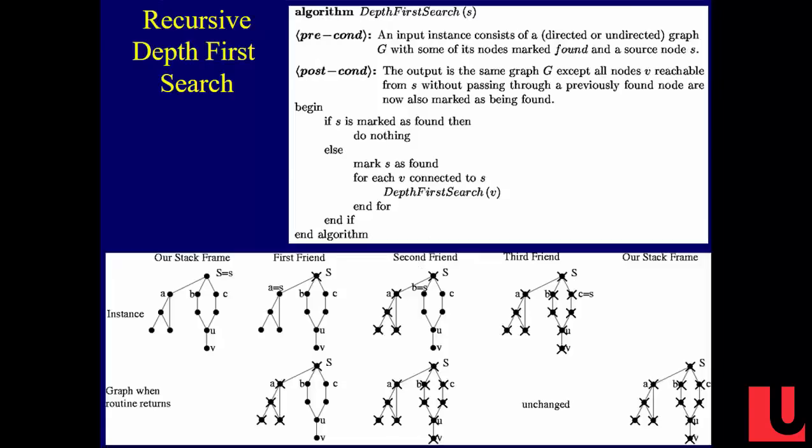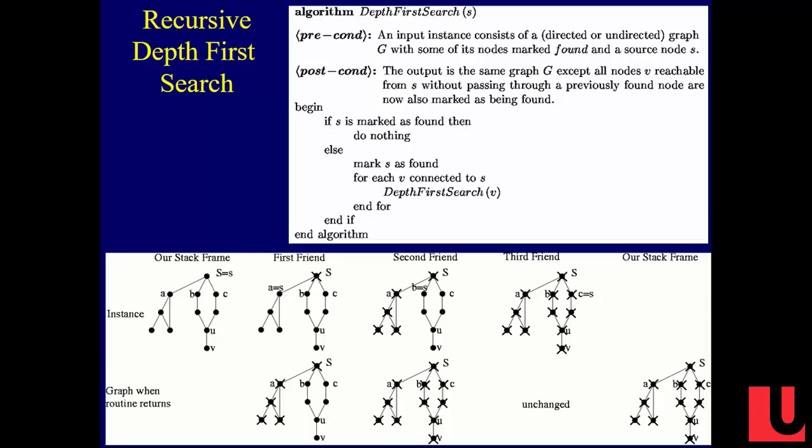Oh, here it is. I knew it was somewhere. All right, so here we're going to do it with recursion. The precondition is that you're given a graph and a start node, but there's additional things: some of the nodes have been marked found already.